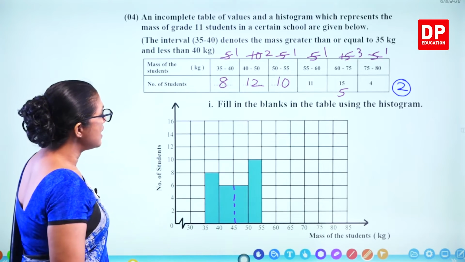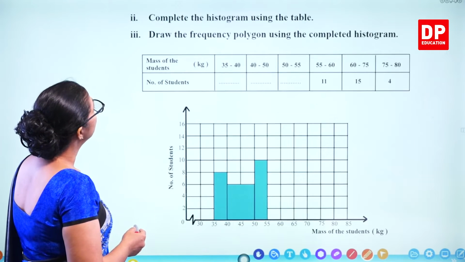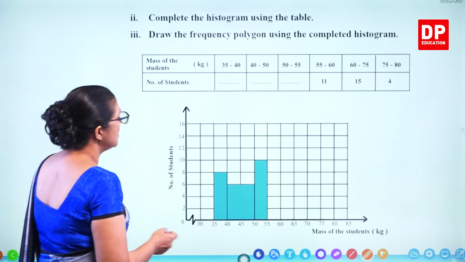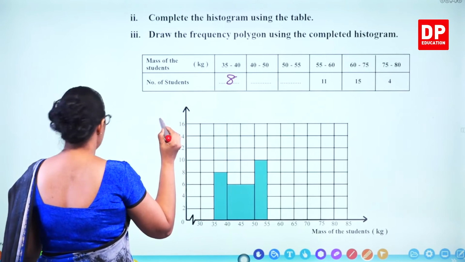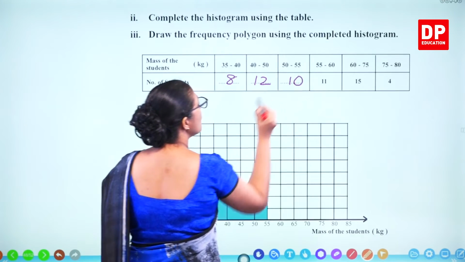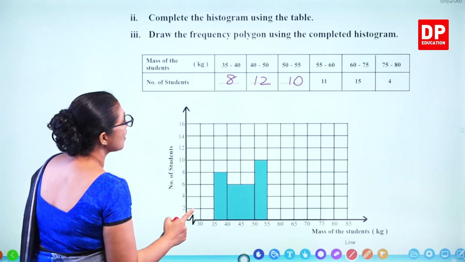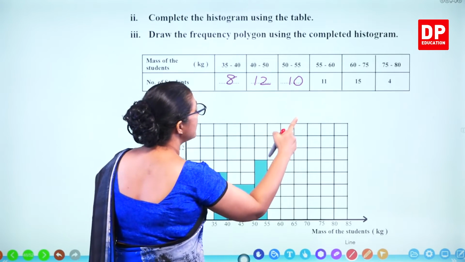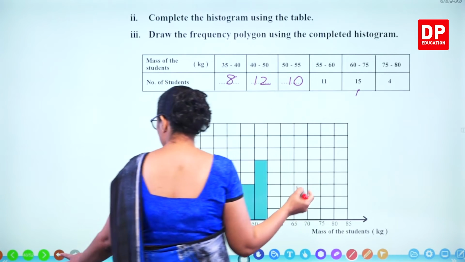And now we'll complete the table. So we'll see how we can complete the histogram using the table. So we found out this is 8, 12, 10. Now we'll draw the lines. 10 is there. 11. Here we need this one 5. We checked before.